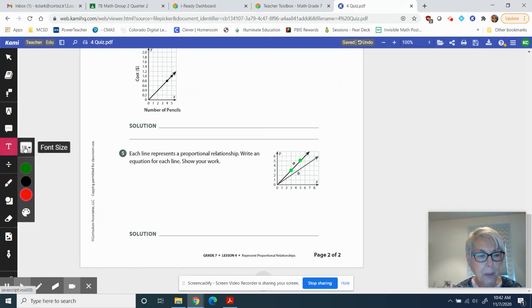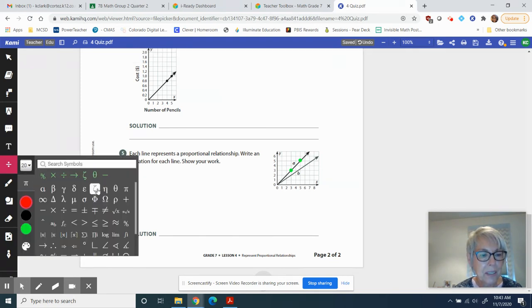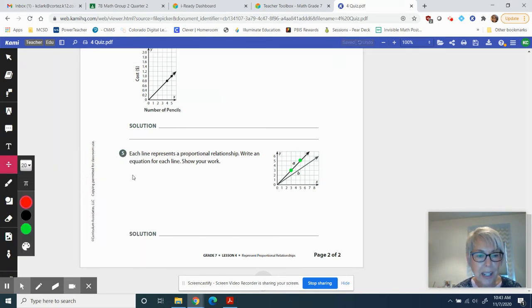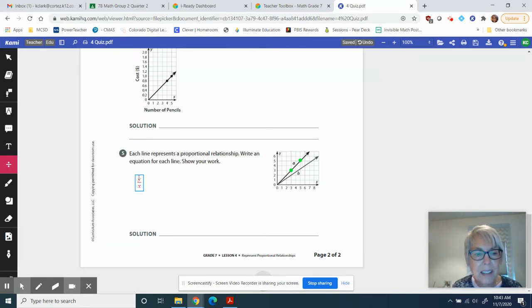As we're trying to find out what our constant of proportionality is, we need to look at y over x. So our y coordinate over x. Let me move this whole thing over so you can actually see. So y over x is what we're looking at.